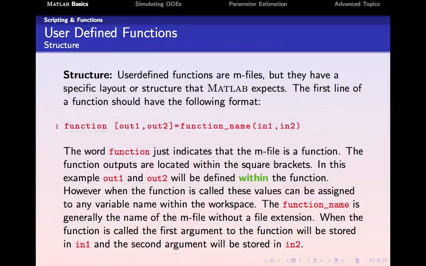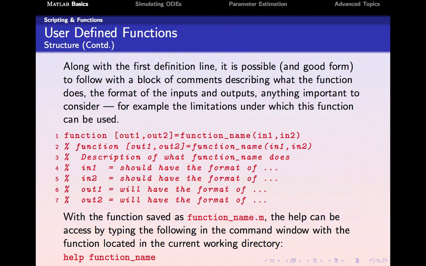One other thing about functions is that they have a specialized commenting system. Okay? So this function would be called function_name.m, and it would be called from the command window by just typing function_name, leaving off the .m, and in parentheses your input arguments.